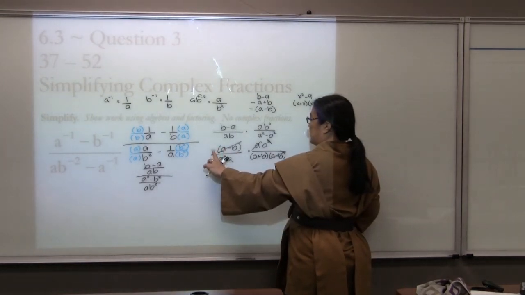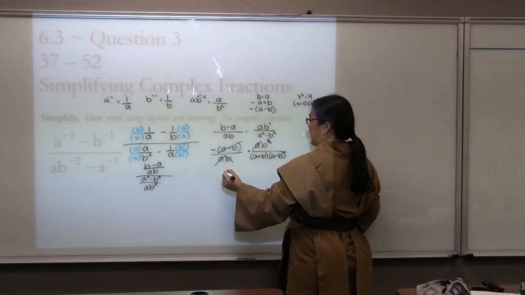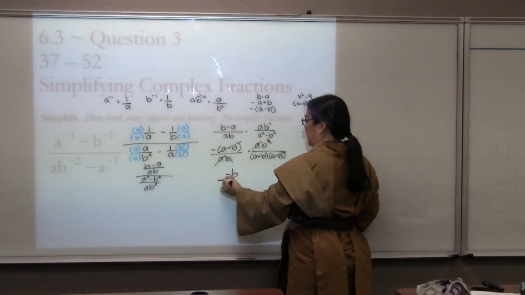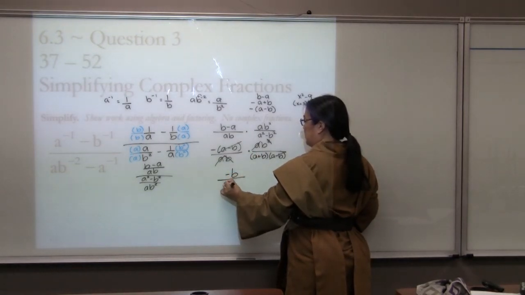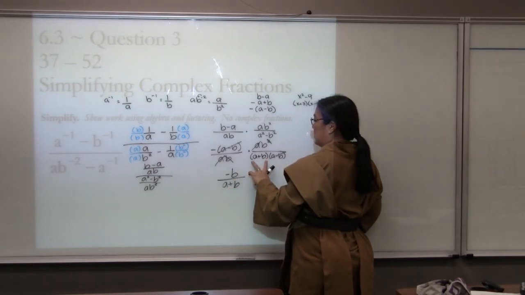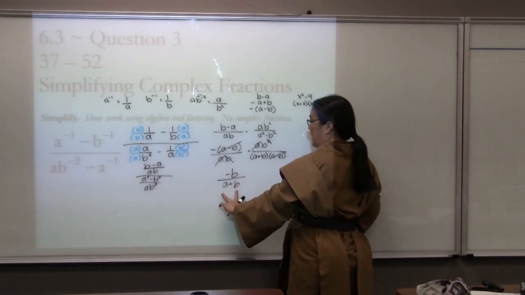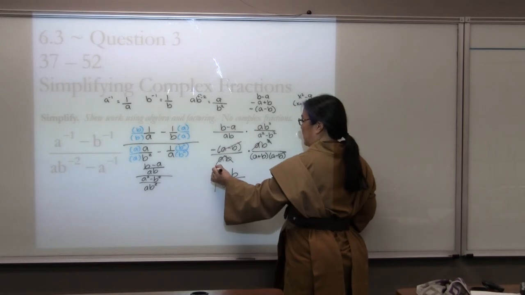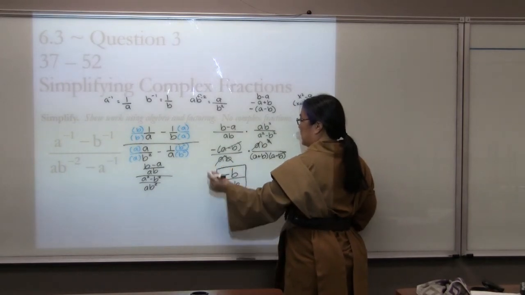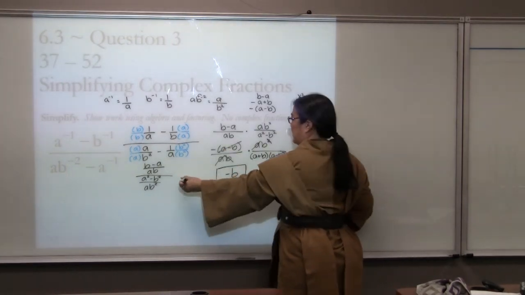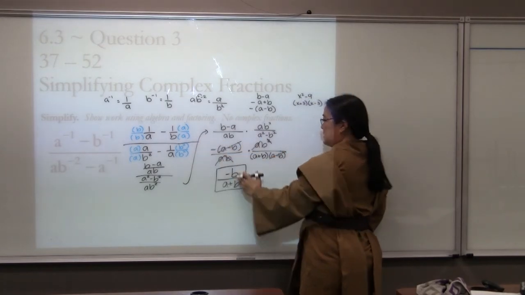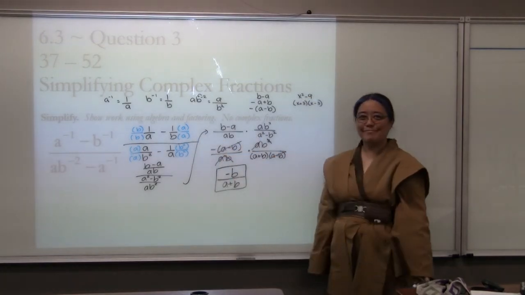Be very careful. There's a negative and a b that did not get canceled out. And on the denominator, we have an a plus b. Notice that since this is the only binomial in the denominator, I no longer need the parentheses. Down the first column, coming up, and then down the second column to the answer.